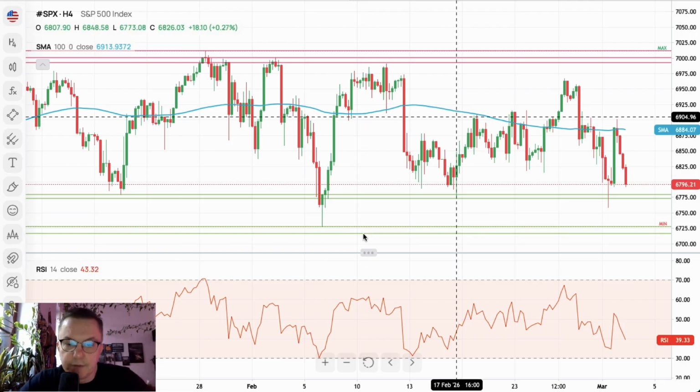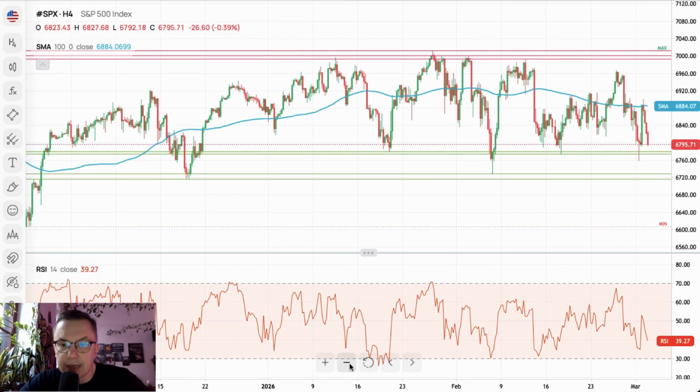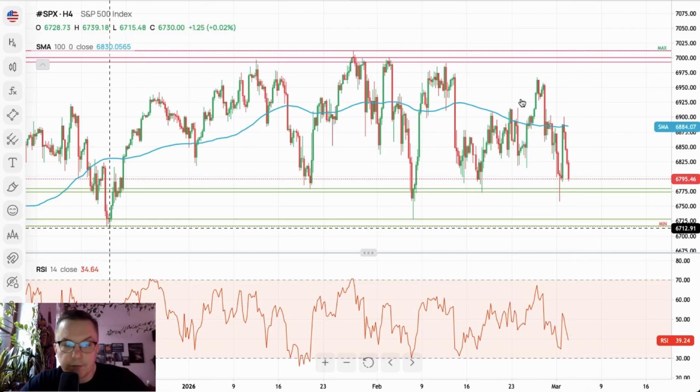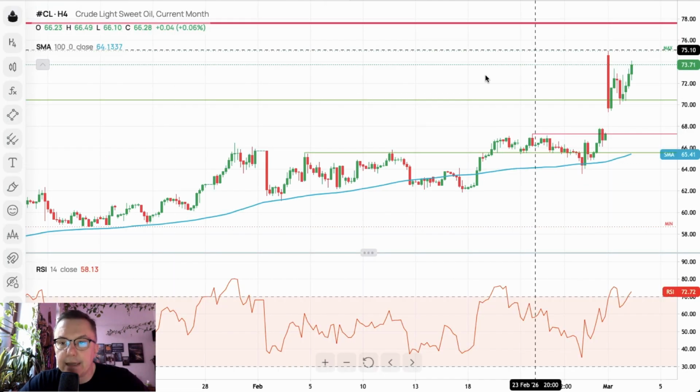So please keep an eye on this current situation on the S&P 500. It looks like we might have a breakout to the downside. This is confirmed when the level of 6,716 is clearly violated. So we will have a new local low made on the S&P 500 if this level is violated.